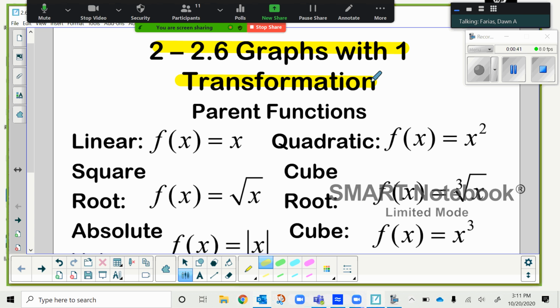So what we're going to be doing in this lesson is taking the basic shapes and doing one transformation on them: moving them left or right, or up or down, a reflection over one of the axes, or stretching or compressing.